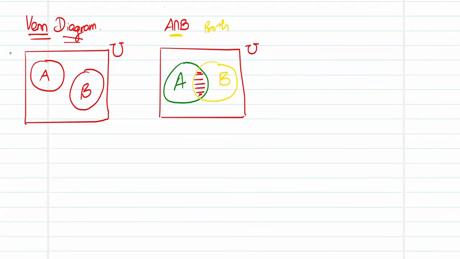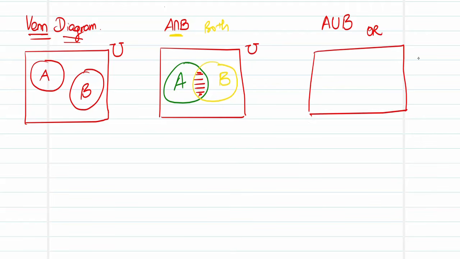And when it is going to be A union B, a collection that takes A or B, how will you represent that? You have the same universal set.